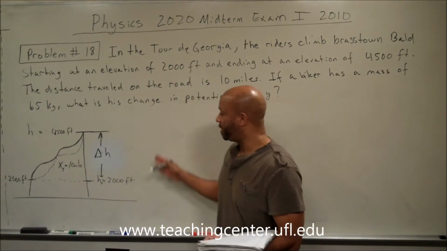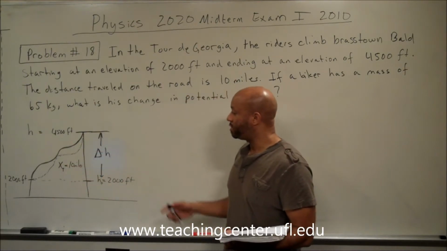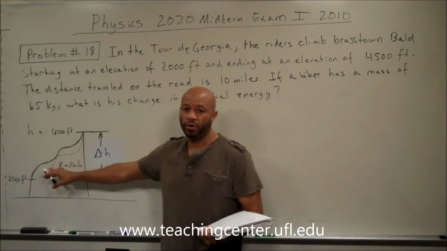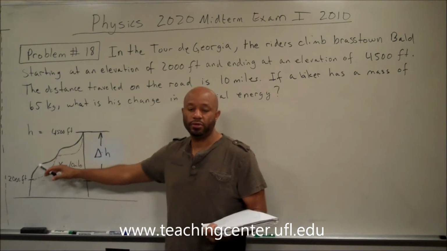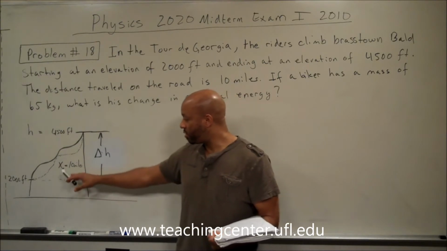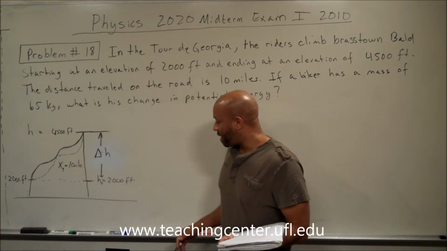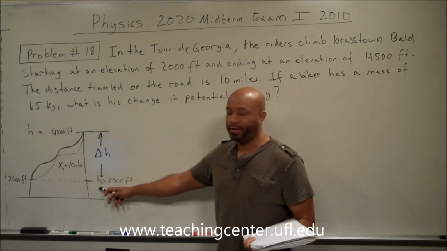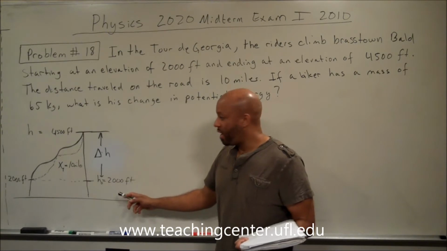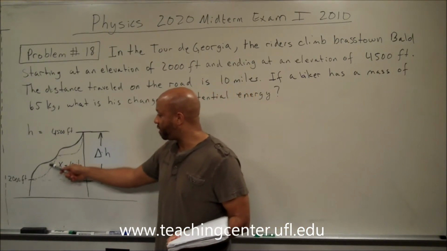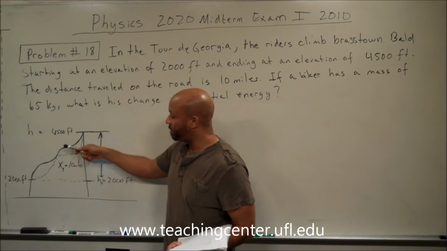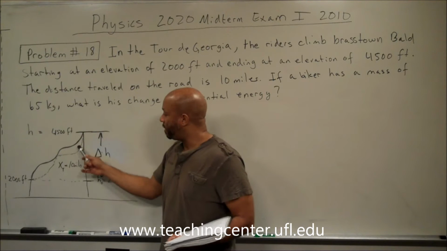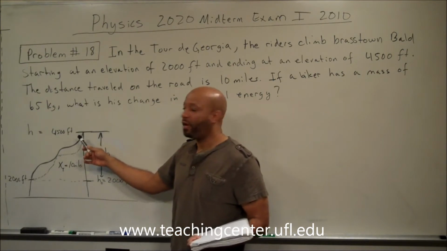So basically here is an illustration of the problem statement where we have some sort of hill or mountain located in Georgia. It's called Brasstown Bald. We have a biker who is starting at an elevation, so the initial height is 2,000 feet, and they're traveling along this hill, not necessarily going straight up, but it may curve around, until they reach an elevation of 4,500 feet.